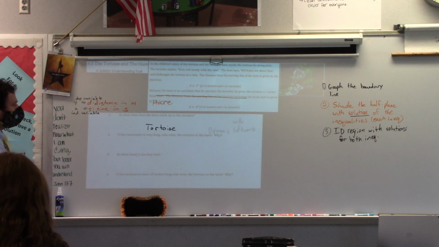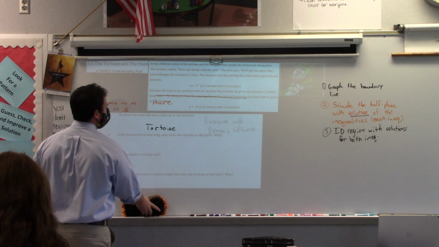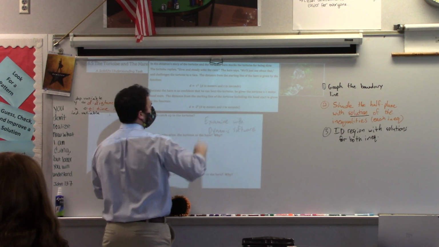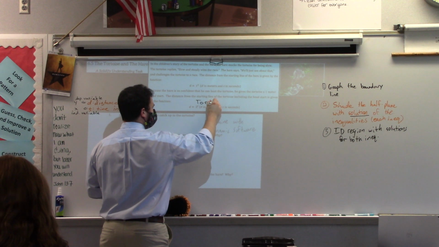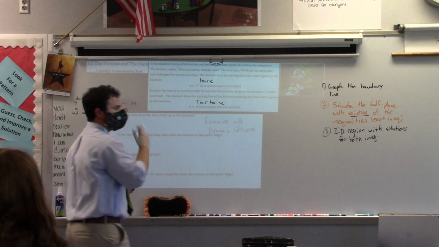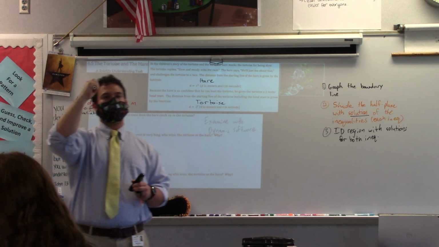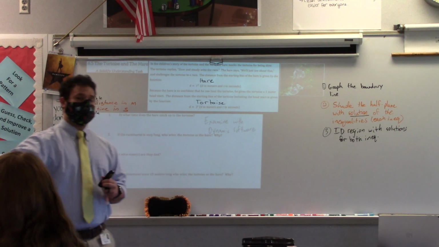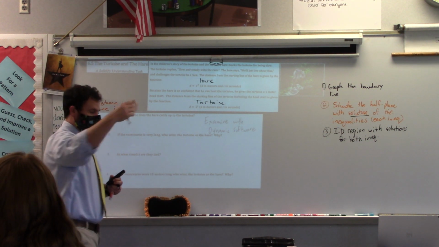Last detail I do want to point out is this. Well, you put tortoise right there or no? What time does this race start at? As soon as the gun goes off, what's the time? 0. 0 what? Seconds. Seconds, thank you.